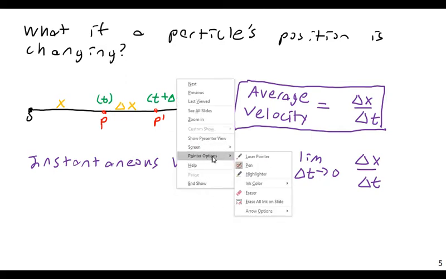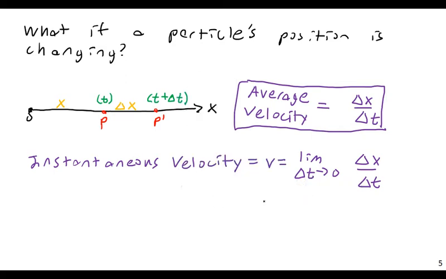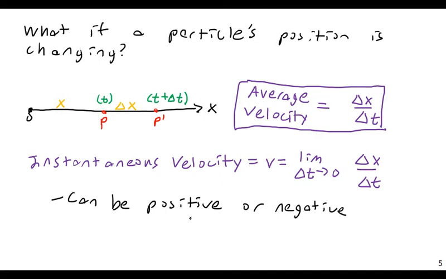And as we know from physics class, instantaneous velocity can be positive or negative. And the magnitude or absolute value of instantaneous velocity is what?